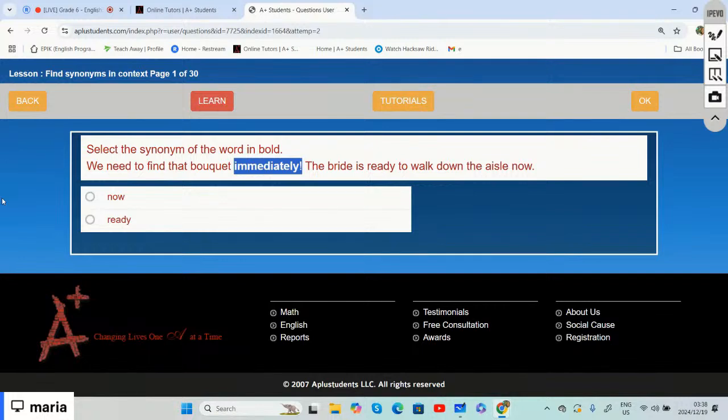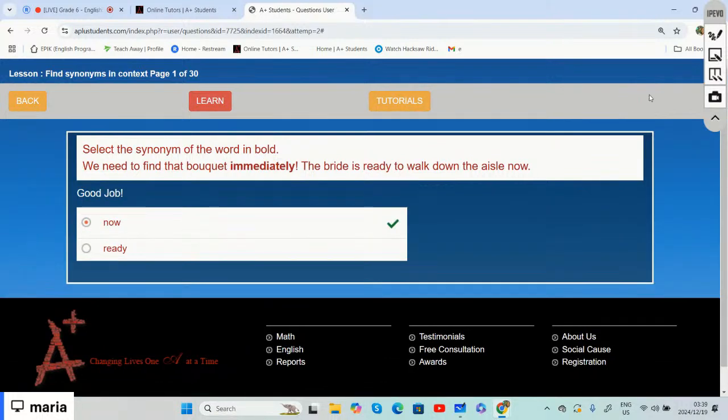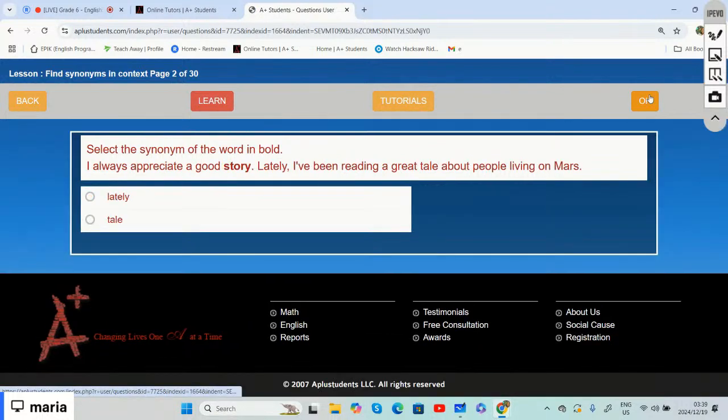And if we were to choose the correct synonym of the word immediately, then we can say it is now, option one. Well done. Option one, now, is correct.